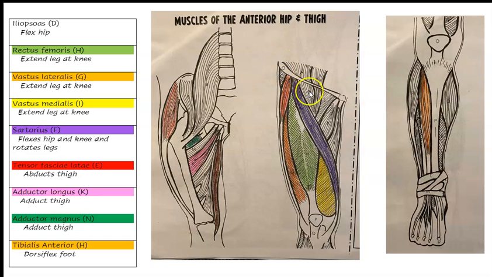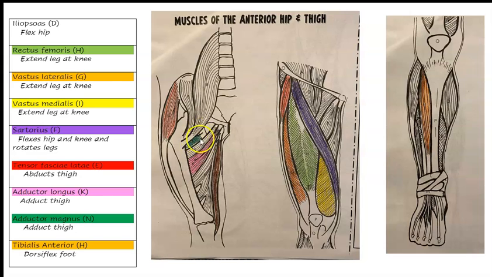Then up here in letter D, you'll have to color that in because I forgot to. That is the iliopsoas. Its job is to flex your hip. Along the side here is the tensor fasciae latae. Its job is to adduct the thigh. And then if you cut all of these quadriceps and flip them back, you'll be able to see these deep muscles right here.